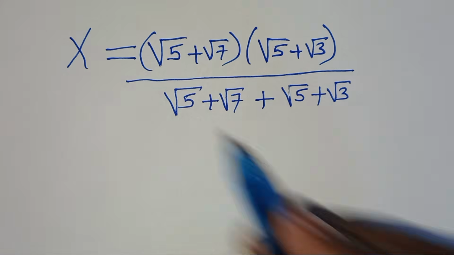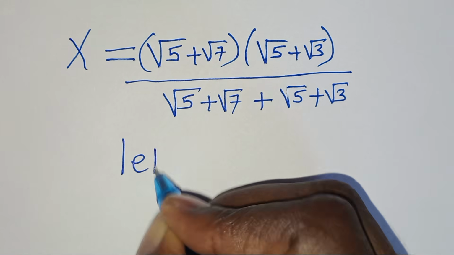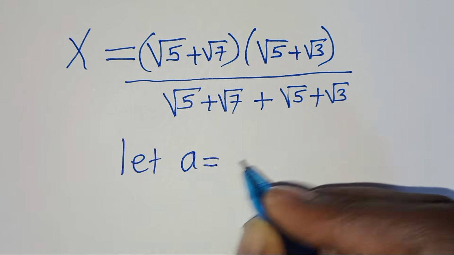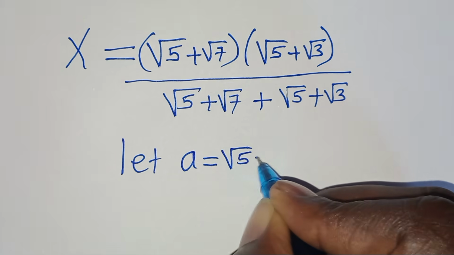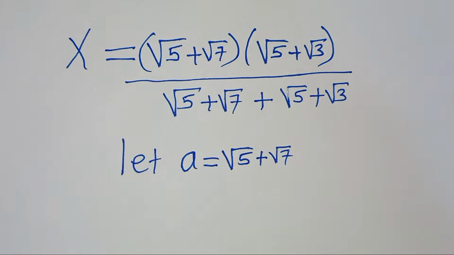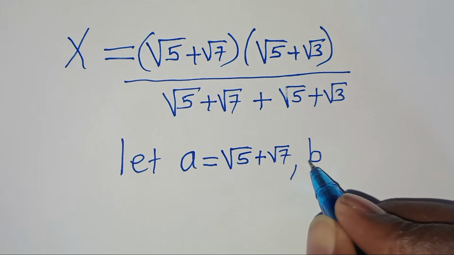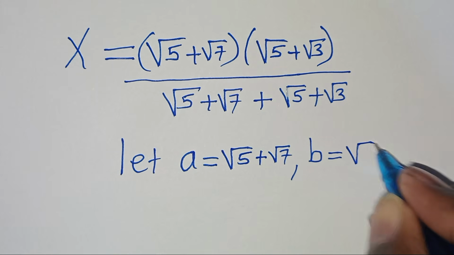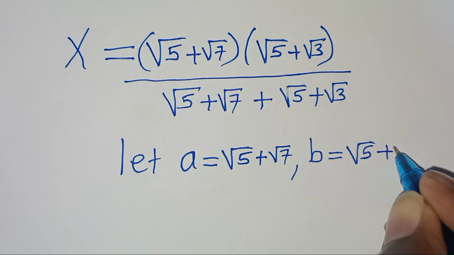Now, the next step from here, we can let a be equal to square root of 5 plus square root of 7. Then we can let b be equal to square root of 5 plus square root of 3.